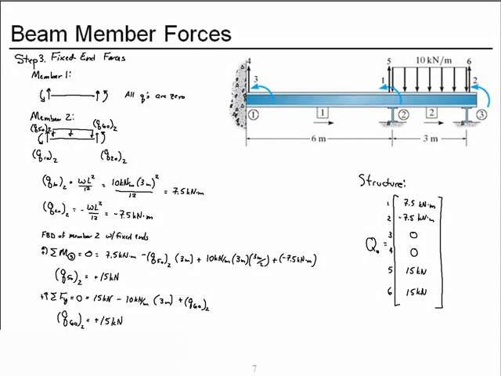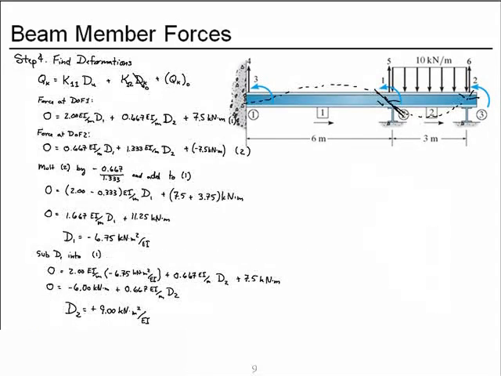We then found the fixed end forces for member 1 and member 2, added those together by degree of freedom to get the fixed end forces for the structure. We then used the stiffness coefficients and the fixed end forces to find deformations. And for this beam, since there are only 2 unconstrained degrees of freedom, we only need to solve a system of 2 equations and 2 unknowns.